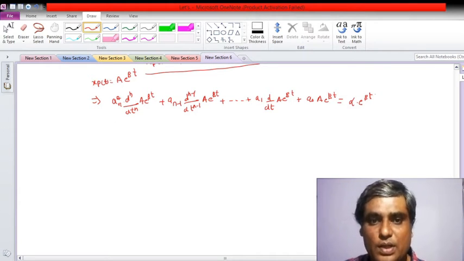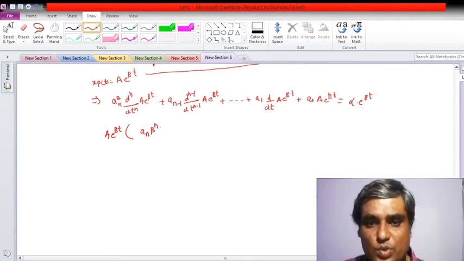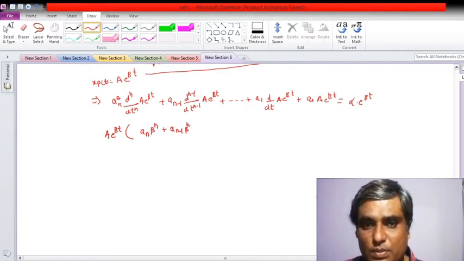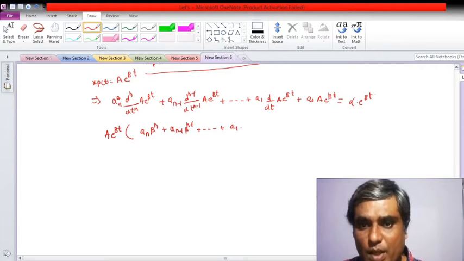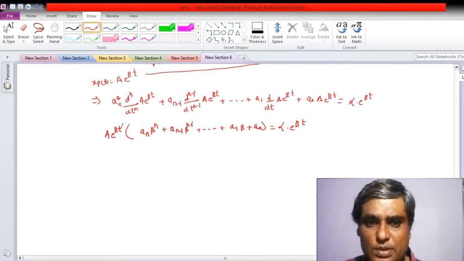So if I do this, A e raised to bt will be common, so it is a_n b^n plus a_(n-1) b^(n-1) plus ... plus a1 b plus a0, which is equal to alpha into e raised to beta t, and this e raised to beta t goes.